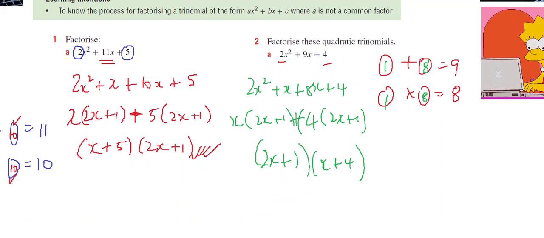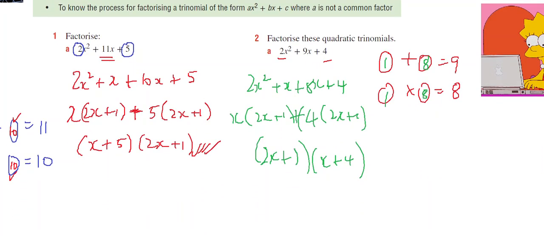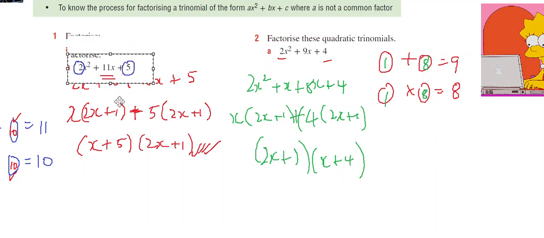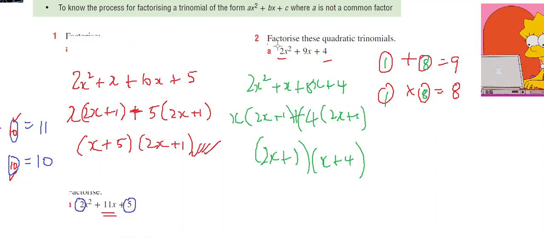Now, I think that there's another way that you can solve this that's going to give you the same answers, but might be a bit quicker or easier.